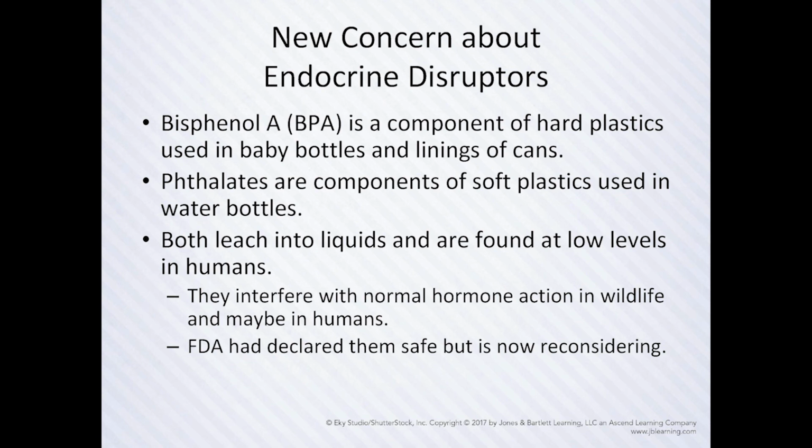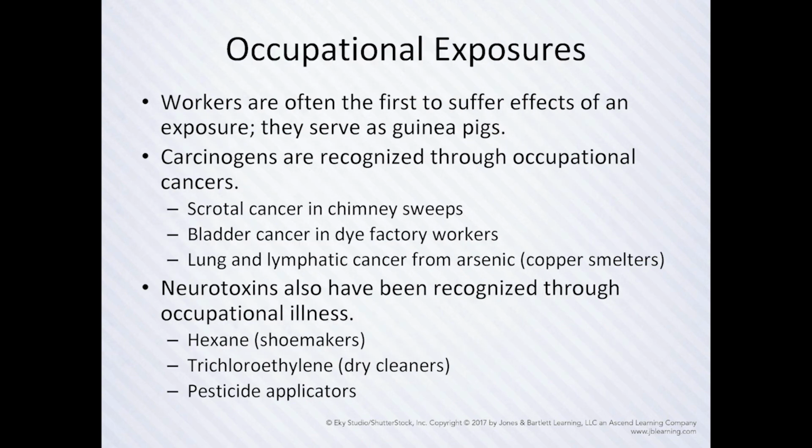Now we have other concerns about the environment. Bisphenol A in plastics, phthalates, both of these can leach into liquids and are found at low levels in humans, and may interfere with hormones, in both people and wildlife, and the FDA is investigating these things. Occupational exposures, where I've spent quite a bit of my time, in that we have a lot of chemicals listed that we don't know what the health effects are.